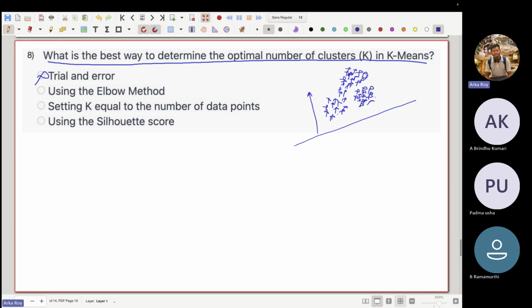Because I do not know the labels of the data, but I want to group them. From the example of pens, I told you that you have a data set of pens, and the pens have different colors and different lengths.